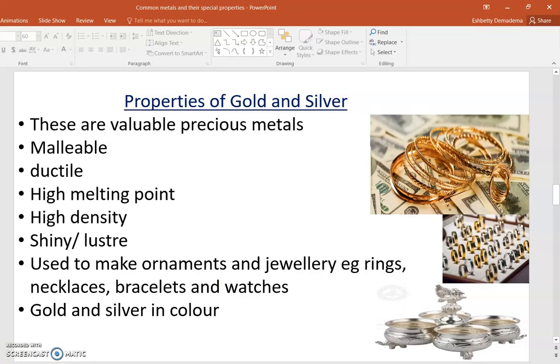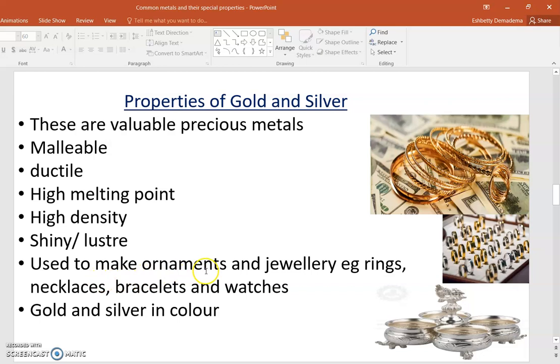And then we have properties of gold and silver. Gold and silver are very precious metals, and they are malleable, they are ductile, they have high melting points, they have a high density, meaning that they are very heavy, they are shiny and they've got that luster in them.